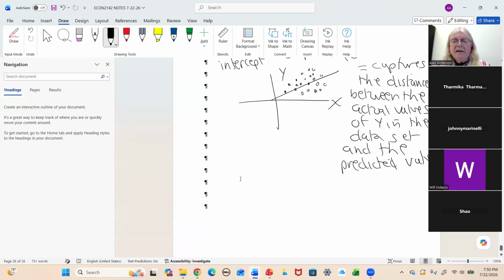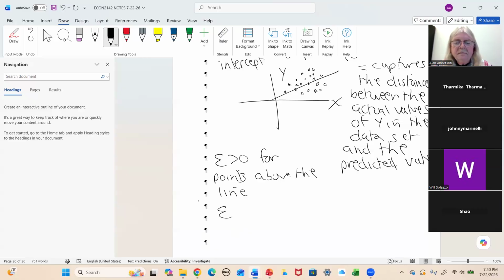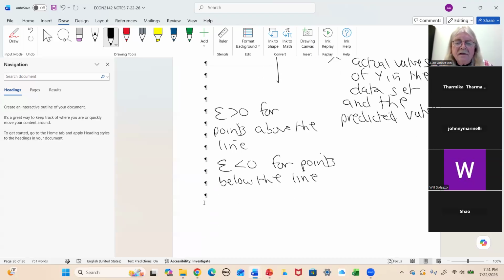So the epsilon, each point gets an epsilon. The epsilon is positive for points above the line. It's negative for points below the line. And of course, it would just be 0 for the points that are exactly on the line.